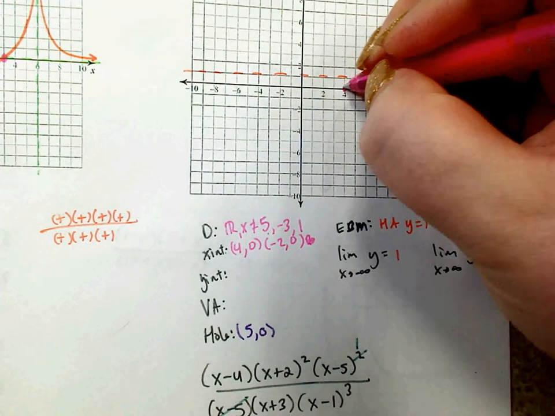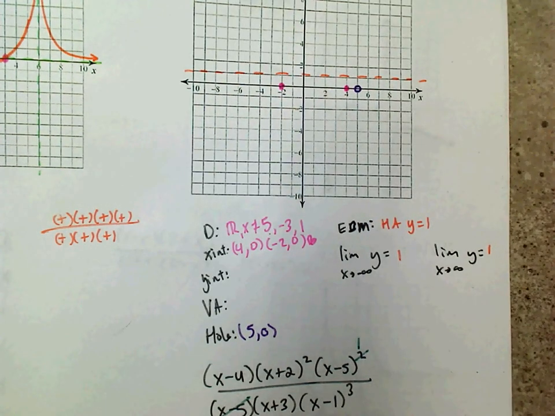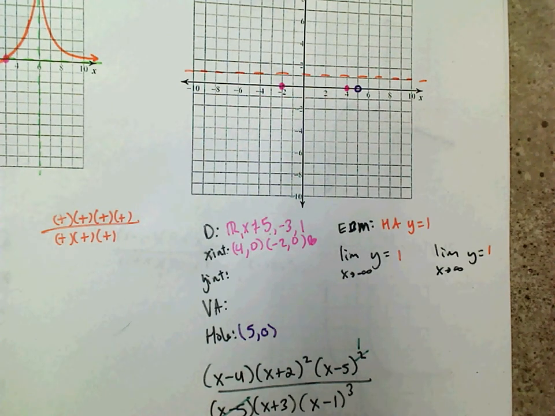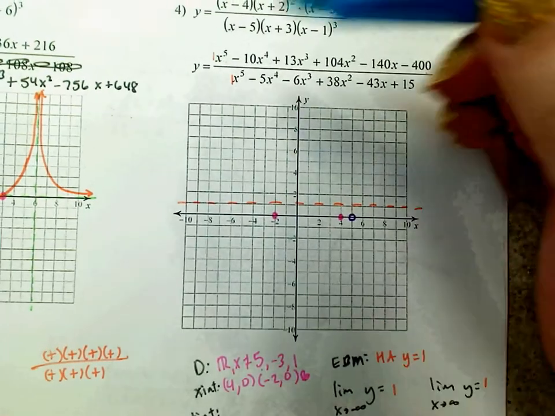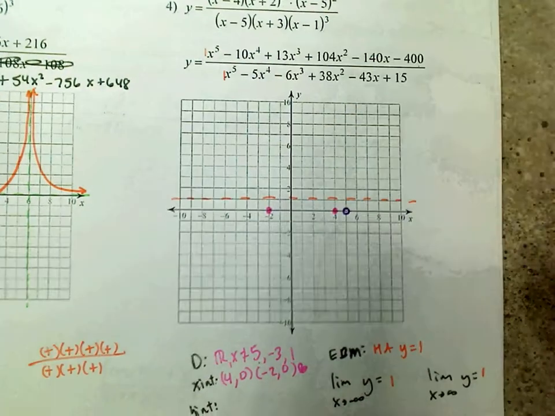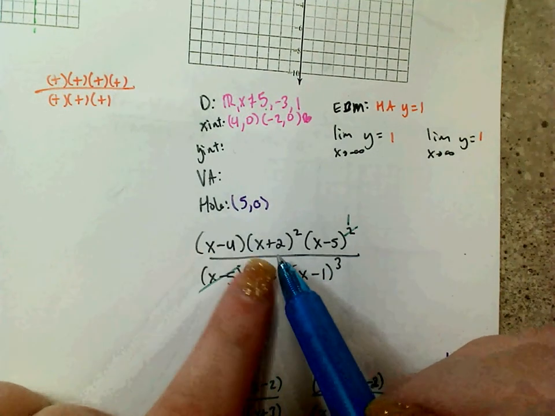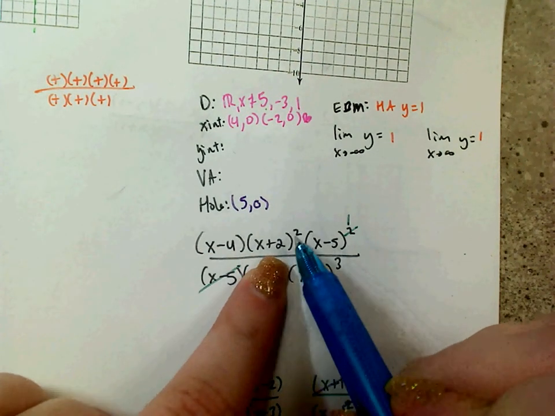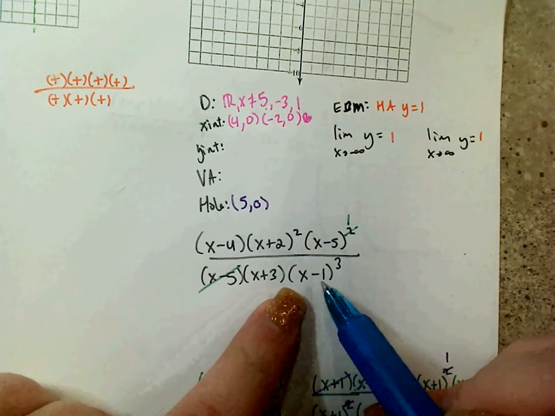Okay. Y-intercept. Y-intercept is when x equals 0. So if I go to the original and I plug in x equals 0, I get negative 4 here, 2 squared here, negative 5 here, 3 here, and negative 1 cubed here. But if I've got the standard form in front of me, it's easy to say everything is 0 except the last two.